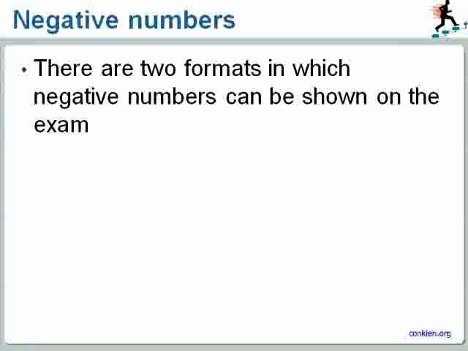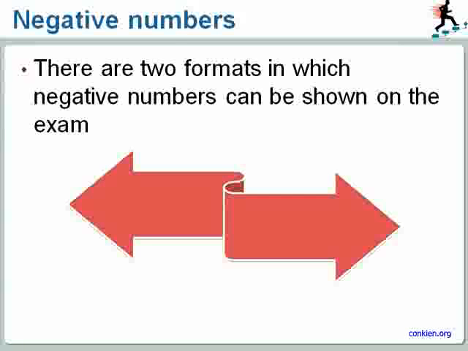The first one is that it is simply a minus followed by the number. In our example here on the screen, it is minus 123. But it's also possible to show the same number just by putting two brackets around it. So, opening bracket, 1, 2, 3, closing bracket.